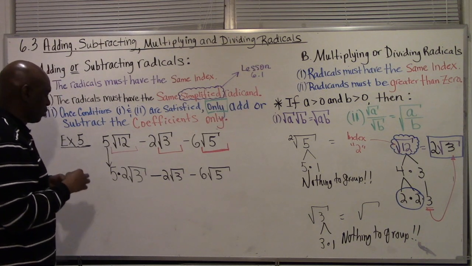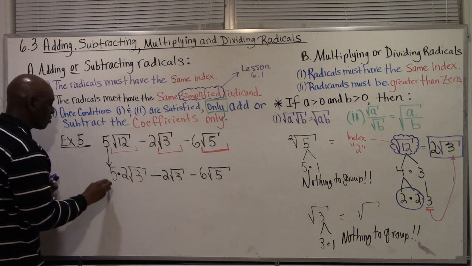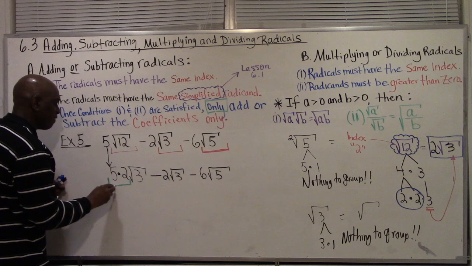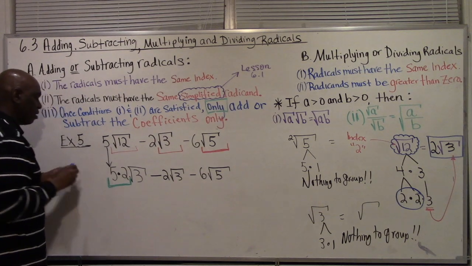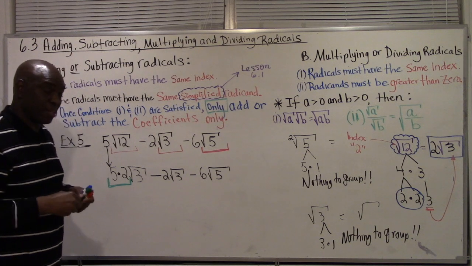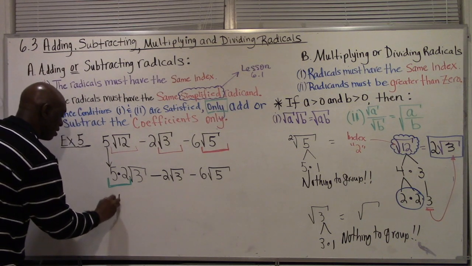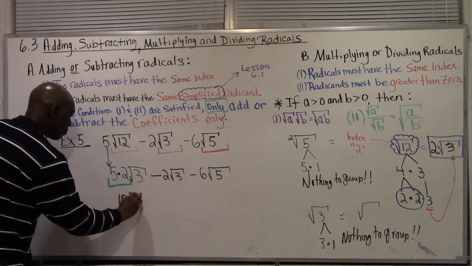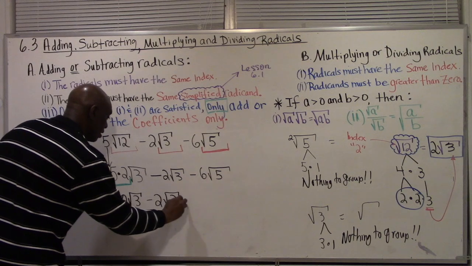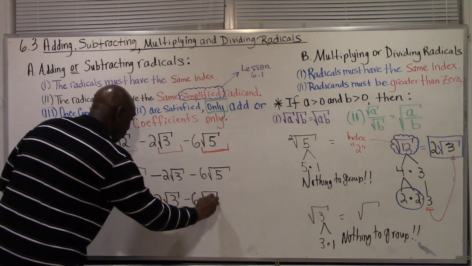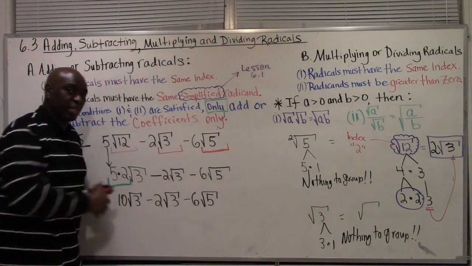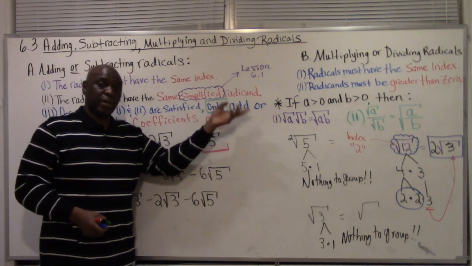So now we have to multiply first 5 times 2. Does anyone know what 5 times 2 is? You do? All right. So that's going to be 10 square root 3 minus 2 square root 3 minus 6 square root 5. All of that work was done to show simplified radicand.